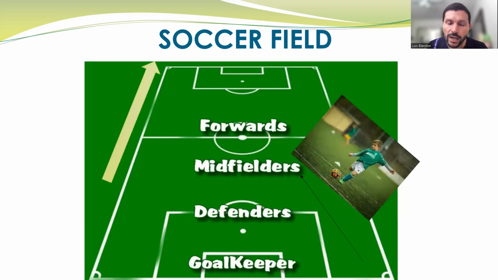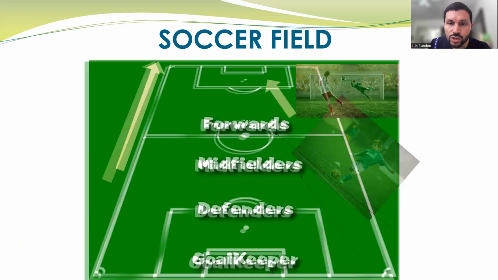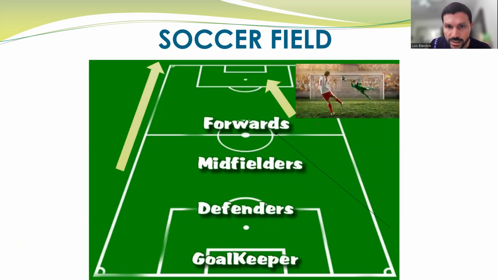And then we move on to the midfielders. Midfielders are the players who kick the ball forward. They're ahead of the defenders. They kick the ball forward to other players of their same team, and those other players are the forwards.